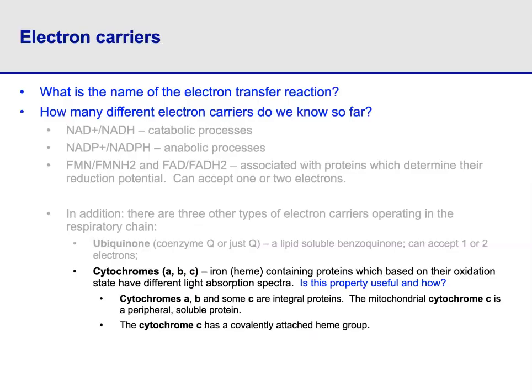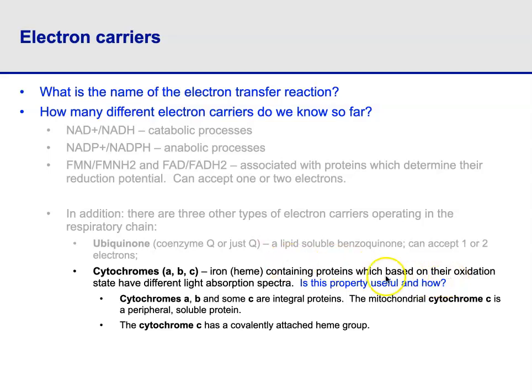Another type of electron carriers that we are going to mention in our future studies are the cytochromes. We have 3 types, A, B, and C. Cytochromes are heme-containing proteins which, based on whether they are oxidized or reduced, have a different light absorption spectrum.